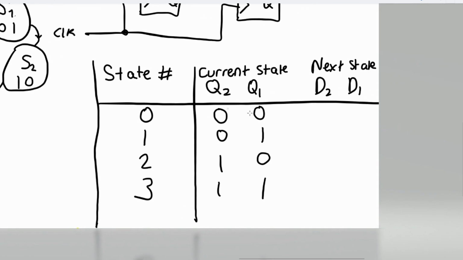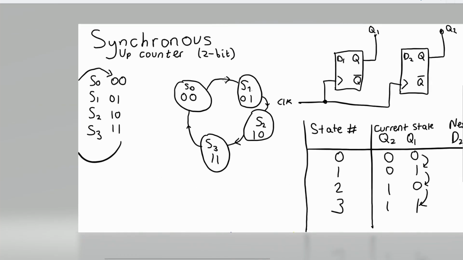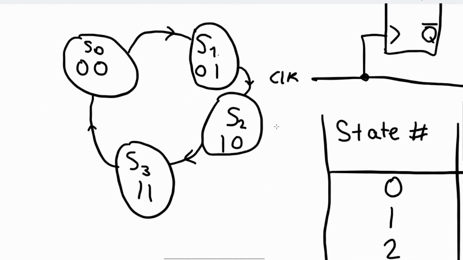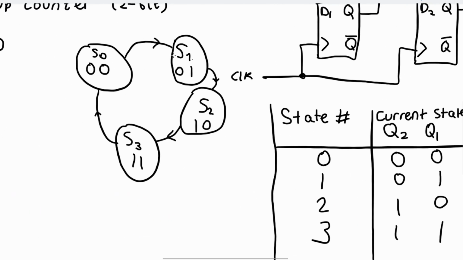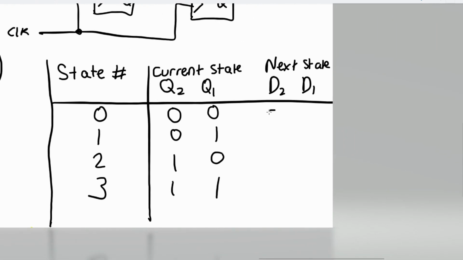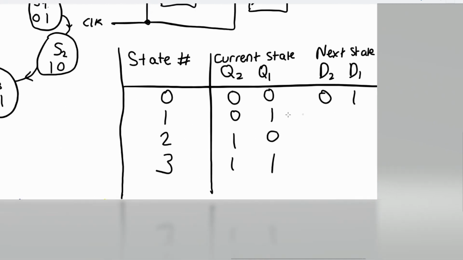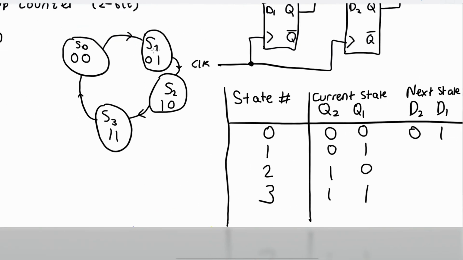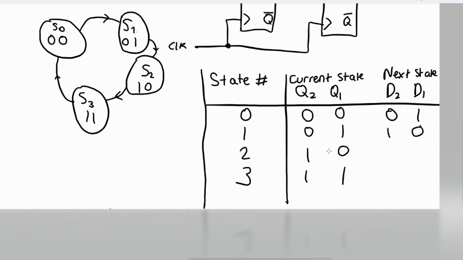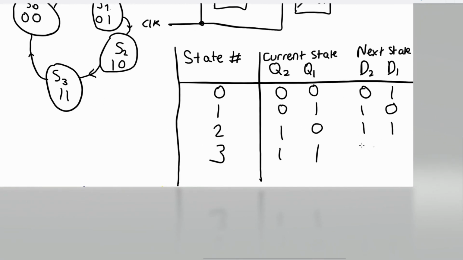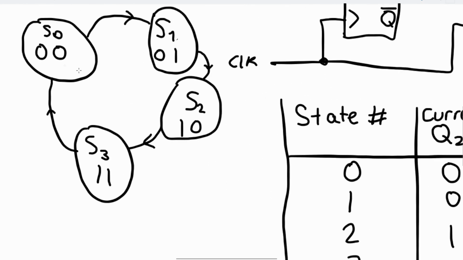Our next state, since we just want them to jump between these like that, because we've drawn a diagram like this: state 0 is going to go to state 1, so 0 0 is going to become 0 1, and 0 1 is going to become 1 0, 1 0 is going to become 1 1, and 1 1 wants to become 0 0.